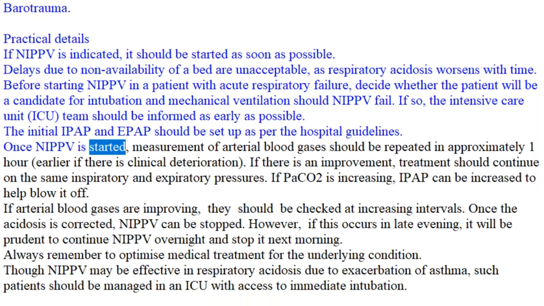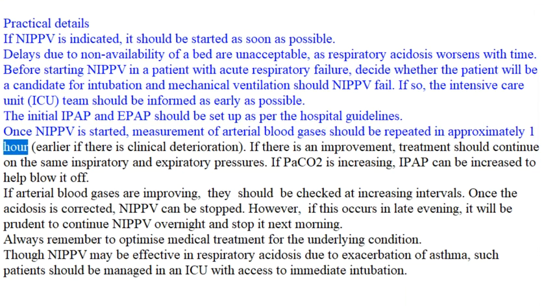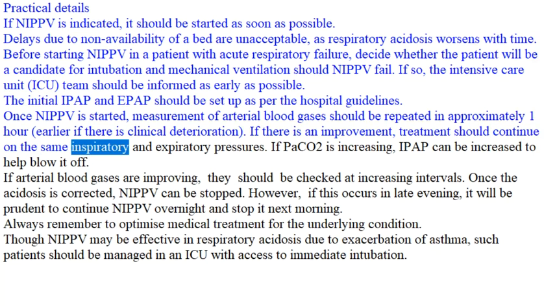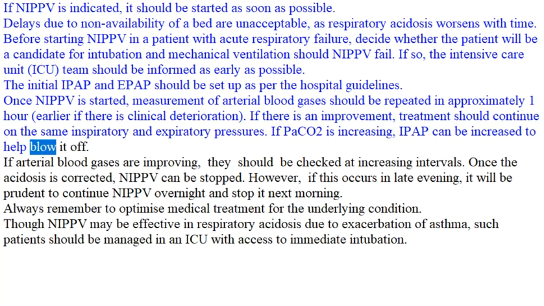Once NAP is started, measurement of arterial blood gases should be repeated in approximately 1 hour, earlier if there is clinical deterioration. If there is an improvement, treatment should continue on the same inspiratory and expiratory pressures. If PaCO2 is increasing, IPAP can be increased to help blow it off.